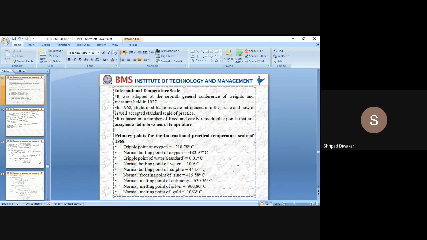Based upon that, we are going to use the various instruments. In the previous class, we discussed two instruments: one is the mercury in glass thermometer, and the second is the constant volume gas thermometer. In this class, I'll discuss two more instruments.